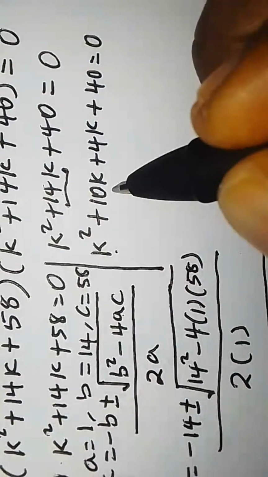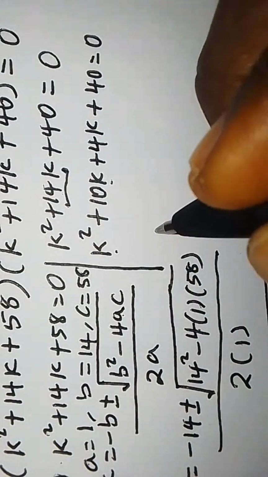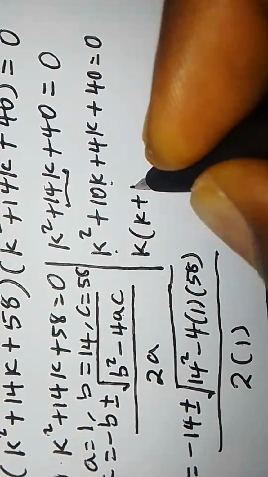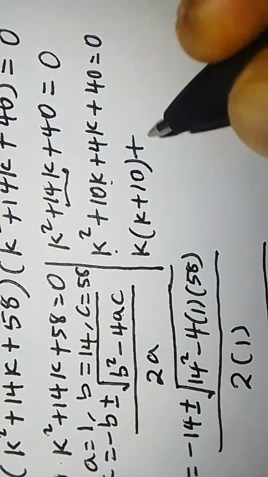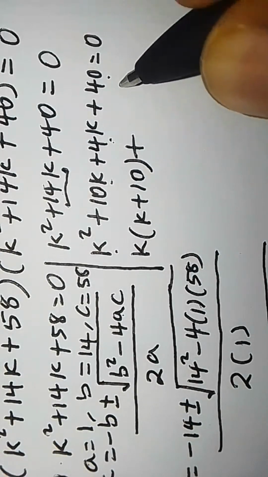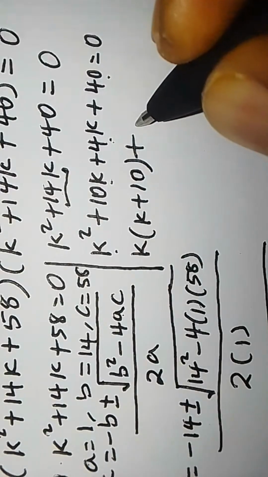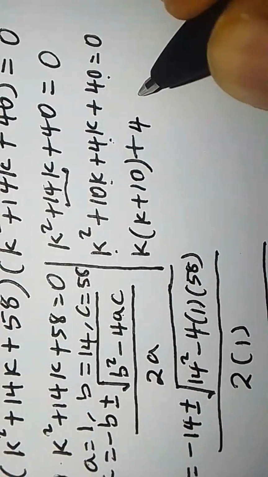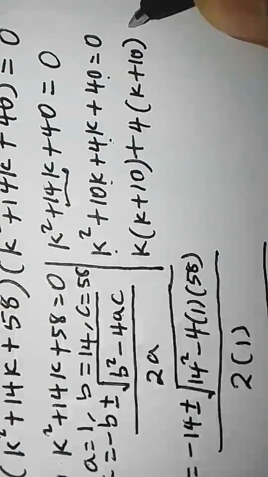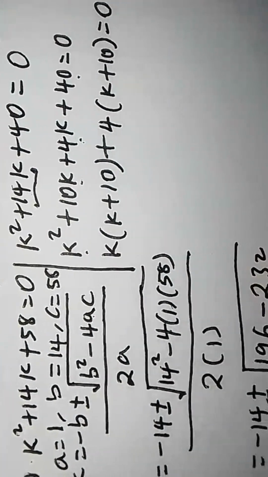From here, k is common. I can pull it out. So I have k into (k plus 10) plus, if you look at these two guys also, I can factor out 4. So that will be 4 into (k plus 10) equal to 0.